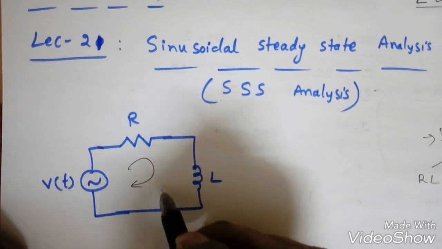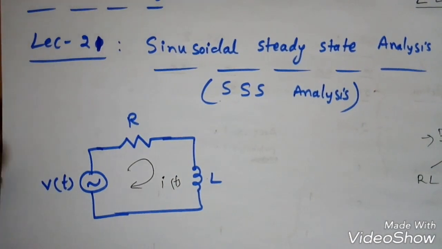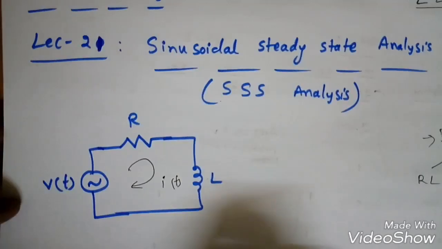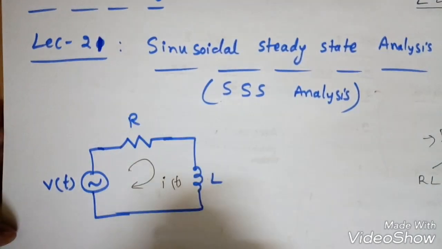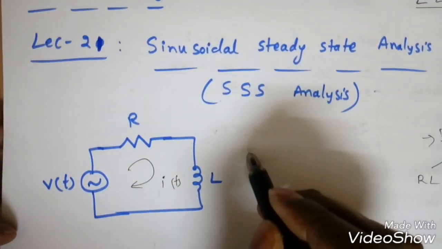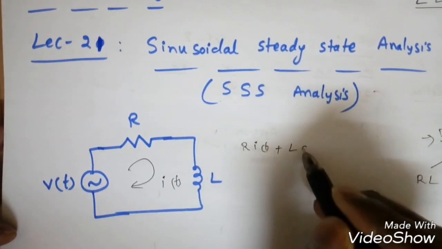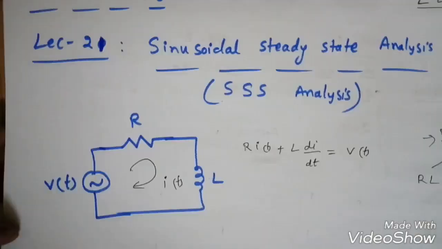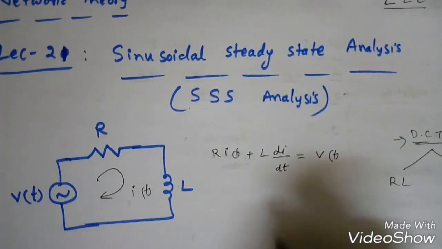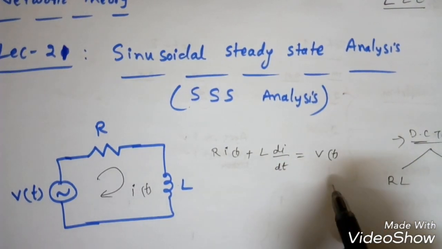So this is a series circuit, and there will be a current response i(t). To solve this, if I write the differential equation using KVL across this loop, I will get R into i(t) plus L into di/dt is equal to v(t). Now this v(t) is variable.